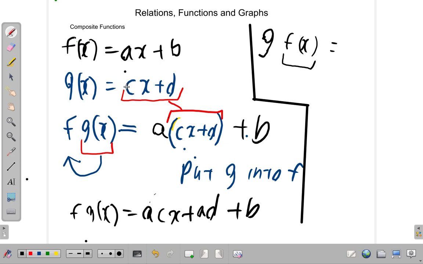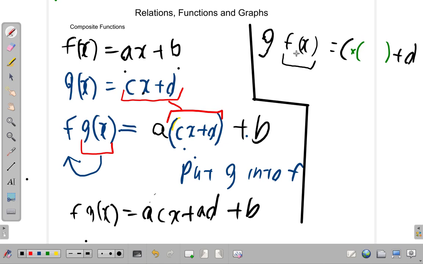G of whatever it is, c times that thing. Let me put it in bracket, whatever I'm going to put here. C times that plus d. You see that? Plus d at the end. But it is g of f of x.